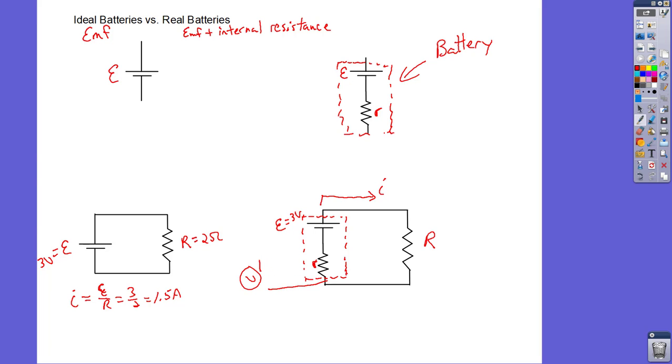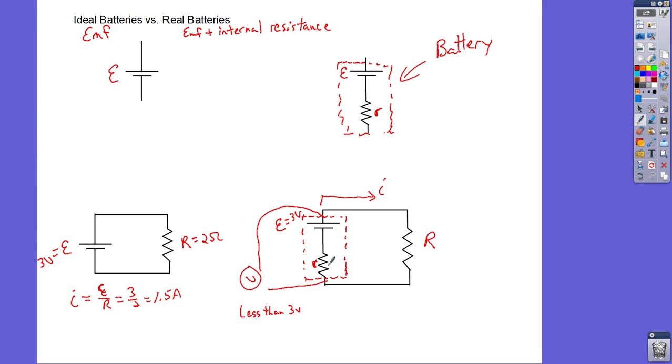If you put the leads of your voltmeter on either end of the battery, it's not going to read exactly 3 volts. It's going to be a little less than 3 volts, because it's reading the EMF minus the voltage drop right there. Okay, so it's going to be ever so slight.